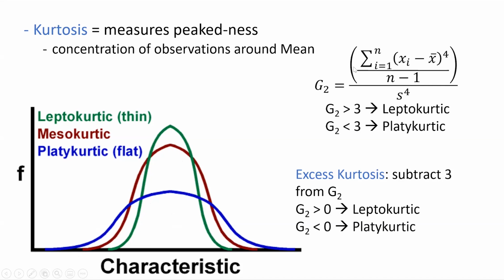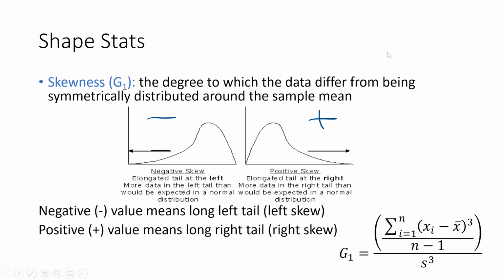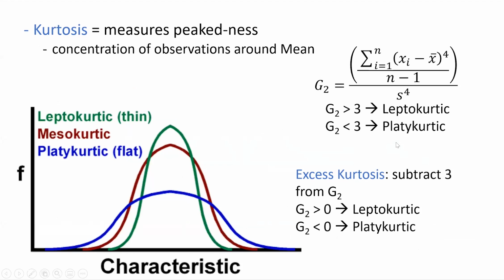Up here is the equation for kurtosis. Again, it should look very familiar because it has the equation for variance inside of it and is very similar to the equation for skewness. So if kurtosis, G sub 2, is greater than 3, something is leptokurtic.